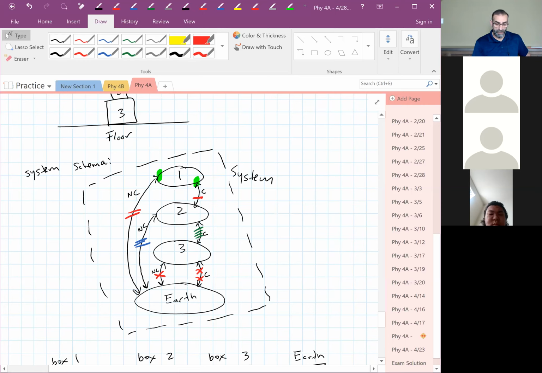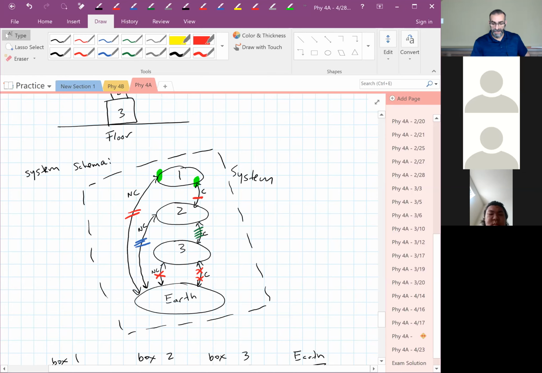So we'll get to that more when we get there. So right now, don't worry about the system boundary. But when we get to energy in a couple of weeks, then we'll start talking more about that system boundary and what it means and how that changes our equation when we're using energy to solve a problem.